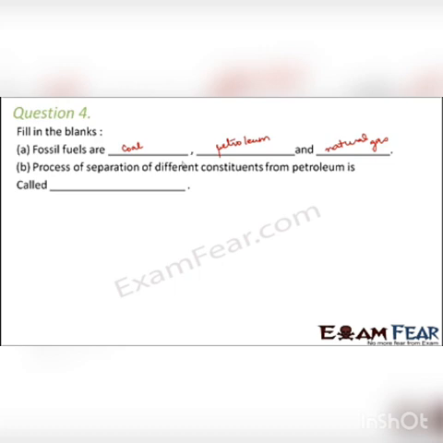So what is that process where we separate them? That process is called petroleum refining, and it takes place in a petroleum refinery. Least polluting fuel for vehicles is CNG, that is compressed natural gas, because it leaves very little residue when burnt, and that's how it is a more efficient fuel. It causes least environmental pollution.